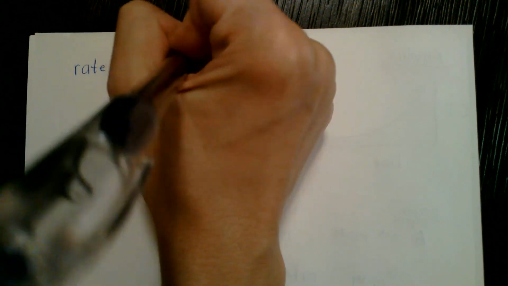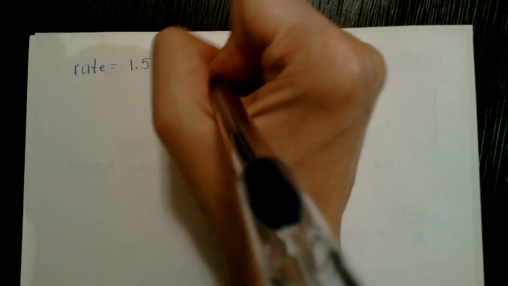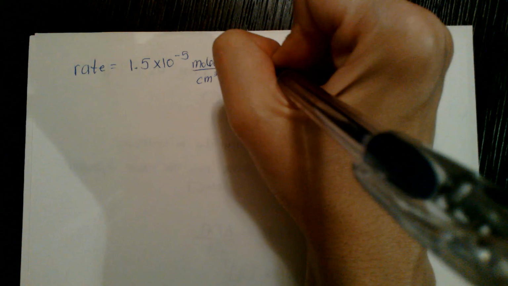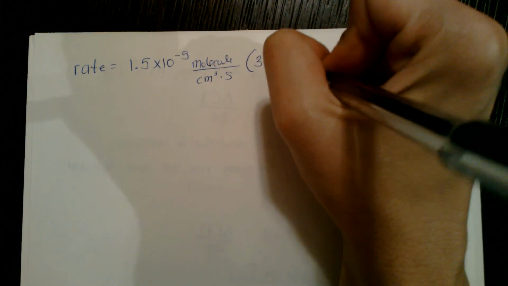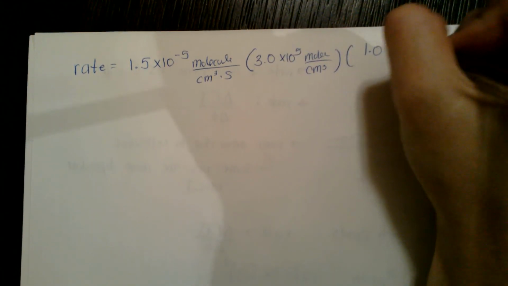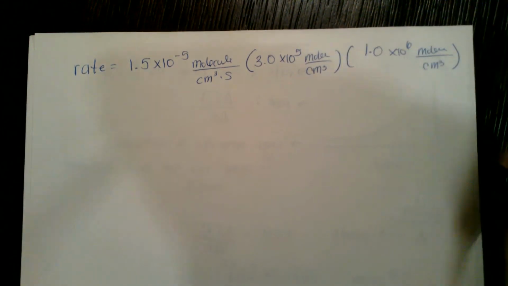Okay, so to solve, we'll set up our rate law. The rate is equal to our k, 1.5 times 10 to the minus 5, times our concentration of A, 3 times 10 to the 5 molecules per centimeter cubed, times B, 1.0 times 10 to the 6 molecules per centimeter cubed.